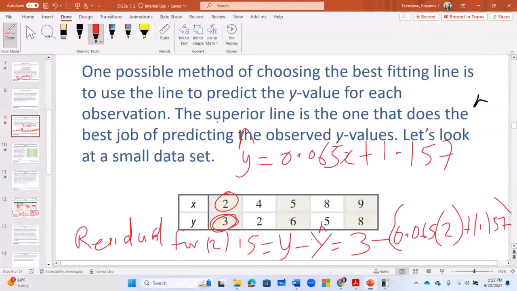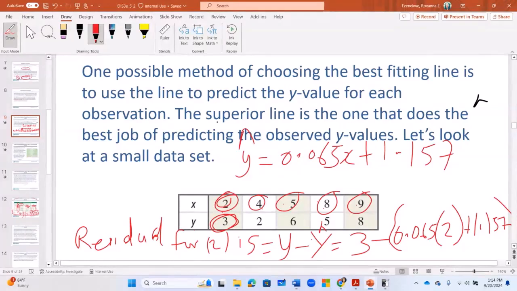But if you're told to find the residual for all of them, then you do it for this, plus the residual for this, plus the residual for this, plus the residual for this, plus the residual for this. Then square all the residuals and then add them up. And when you finish, it will be called the sum of the squared residuals. I hope that makes sense.